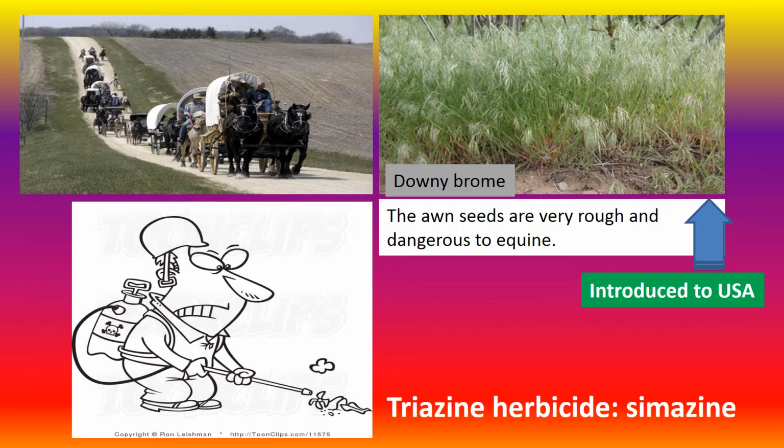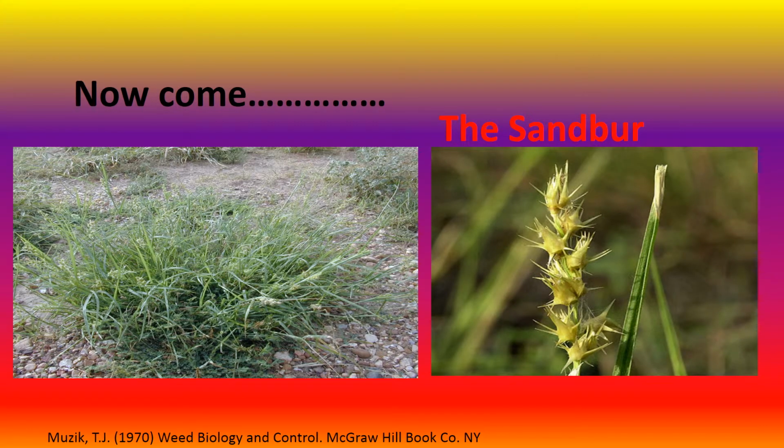Simazine worked well, and because it persists in soil, it prevented reinvasion of downy brome and other grasses. However, it does not control sandbur, which became the dominant species on many western roadsides.